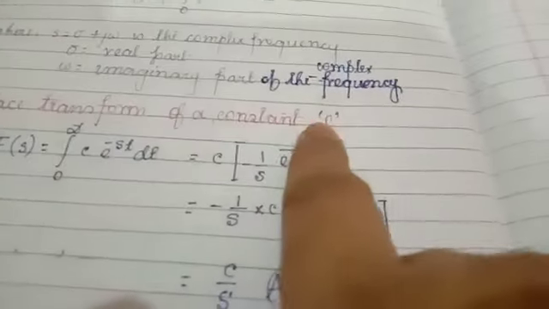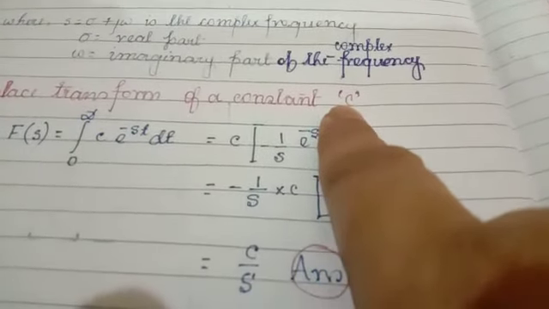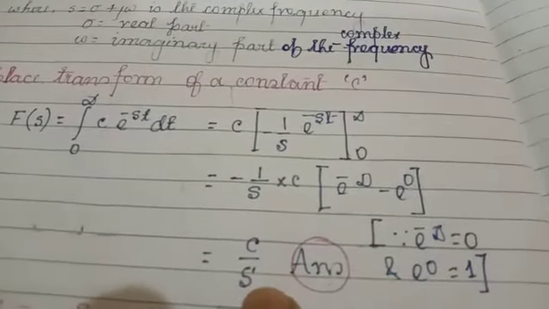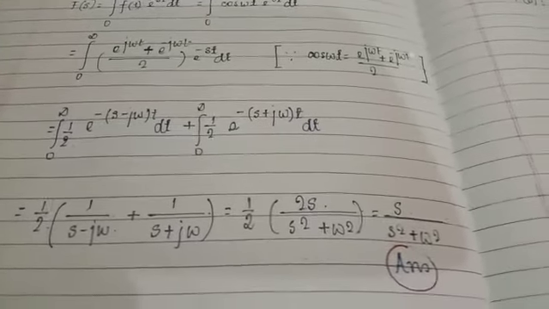Because C by S is the Laplace transform of the constant C. So if C is 1, then it becomes 1 by S. Again also for u(t), this is the Laplace transform.